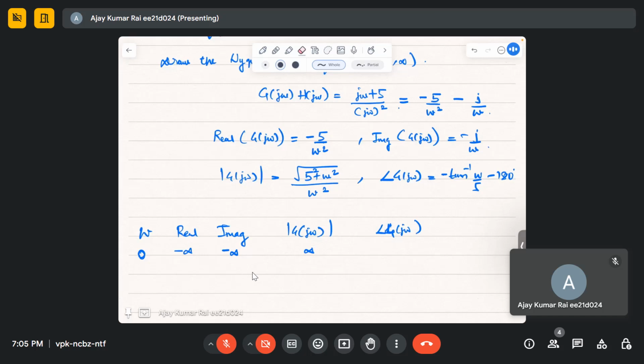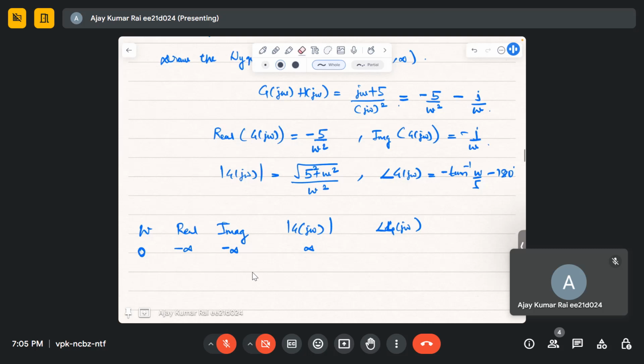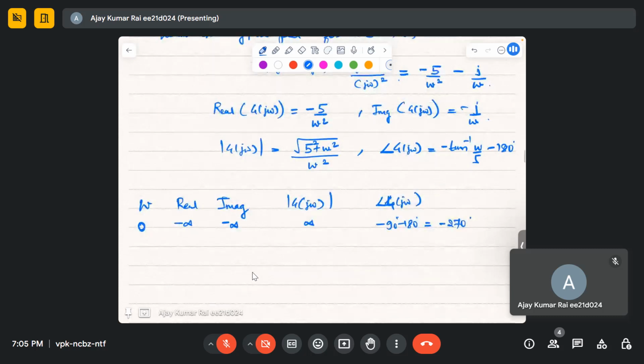Minus tan inverse of infinity by 5. Minus tan inverse of infinity, tan inverse of infinity is 90. Minus 90 minus 180 degree. So it's like minus 270. Okay, let me write this. This is minus 90 minus 180. This is minus 270 degree. This is for omega equal to 0.